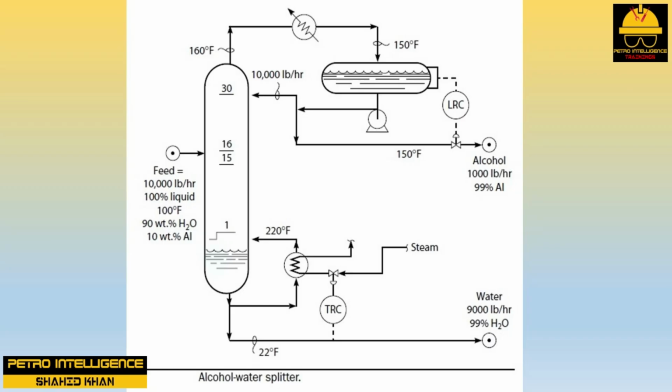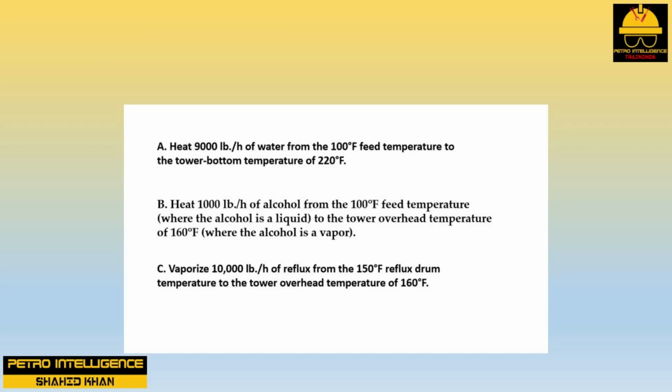Returning back to the picture, we wish first to determine the reboiler duty. To do this, we have to supply 3 heat requirements. Heat 9,000 pound/hour of water from the 100 degrees Fahrenheit feed temperature to the tower bottom temperature of 220 degrees Fahrenheit.